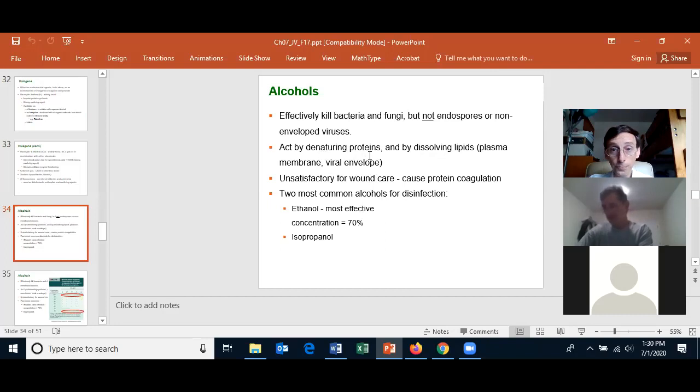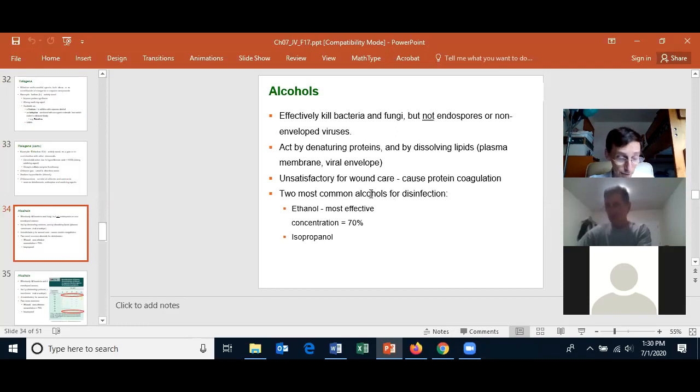So they will denature a non-enveloped virus, meaning a naked virus, but you have to use a lot of alcohol to thoroughly denature the naked viruses. Okay? It's unsatisfactory for wound care because it also causes protein coagulation.